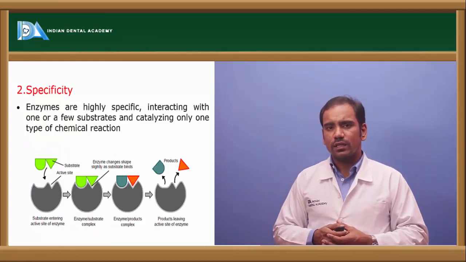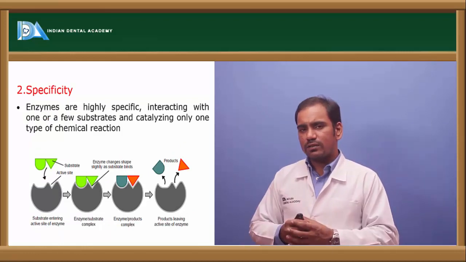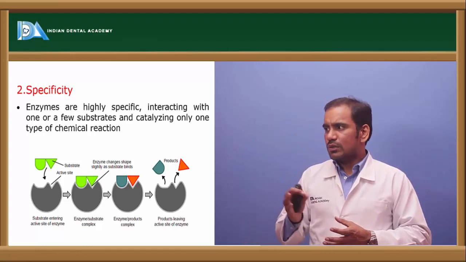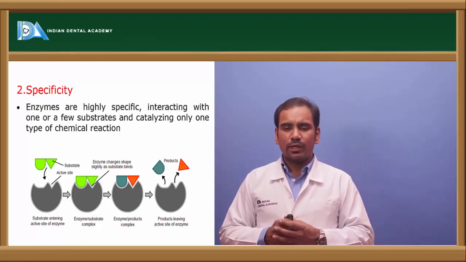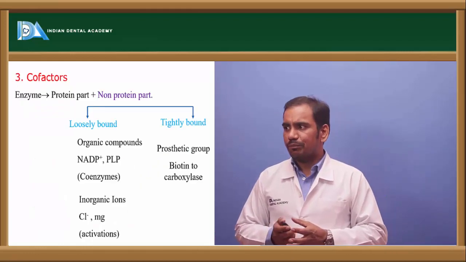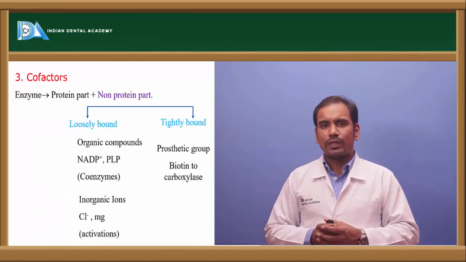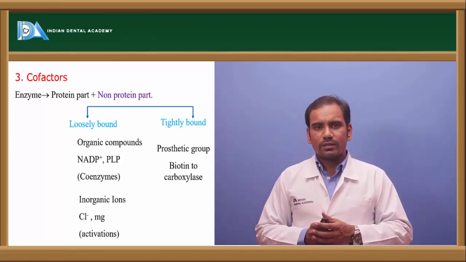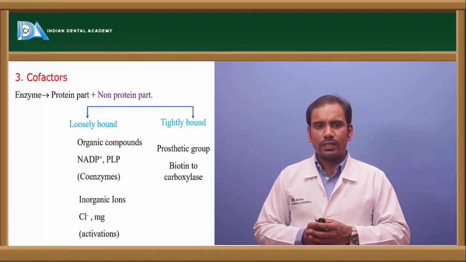Coming to specificity. Each enzyme is specific in its reaction. Each enzyme binds to a particular type of substrate, catalyzing only one type of chemical reaction. That is called the specificity of the enzyme. Coming to another property, cofactors. So what are cofactors? We discussed that enzymes are protein in nature.